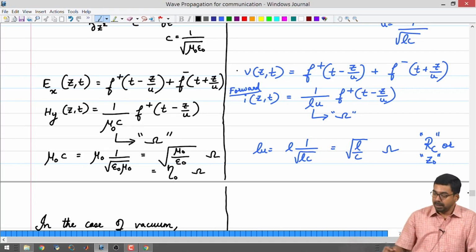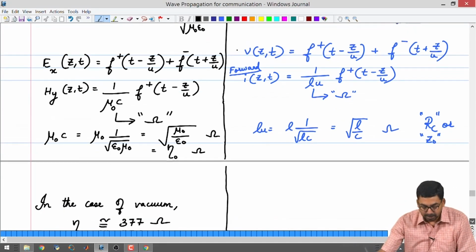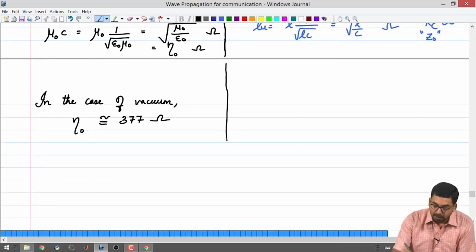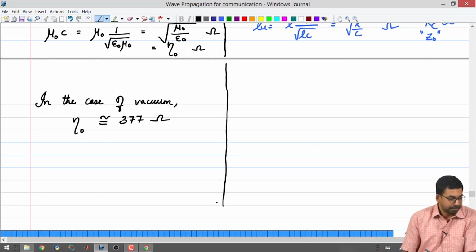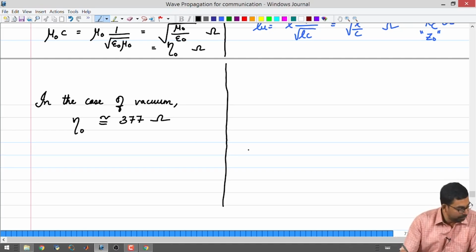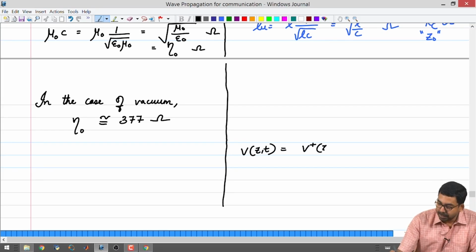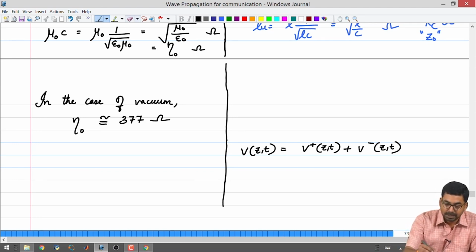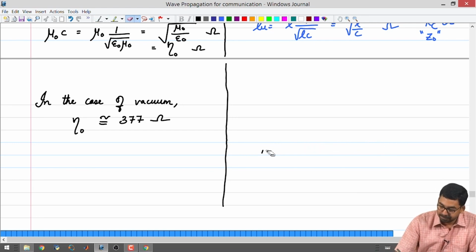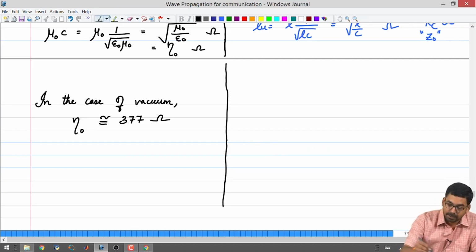And to be more complete, I will just write down both the forward and the backward case. So, here I had V of Z comma t was V plus of Z comma t plus V minus of Z comma t. In the case of transmission line, again I should have used blue, keep forgetting this.